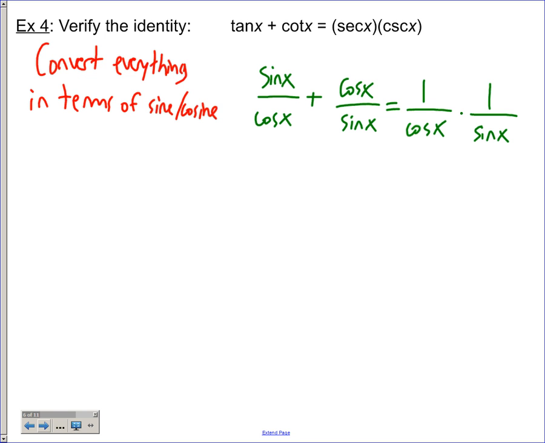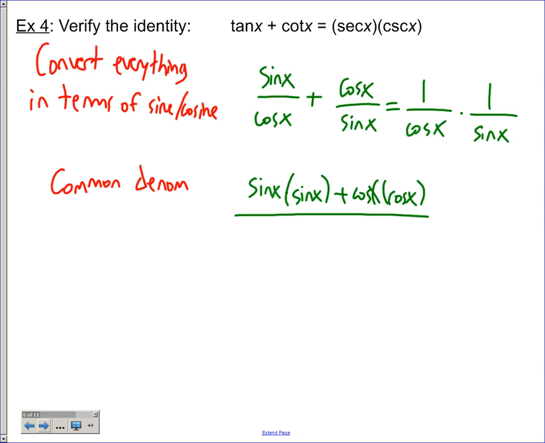On the left-hand side, let's get a common denominator. So the left becomes sine x times sine of x plus cosine of x times cosine of x all over cosine x times sine of x.